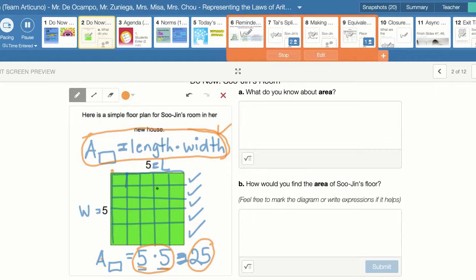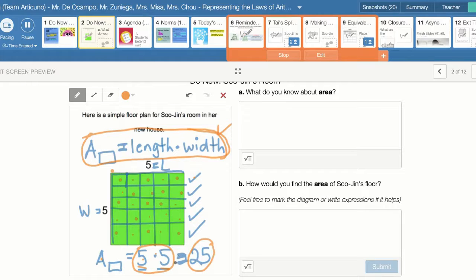Now, do you see 5 groups of 5 in this drawing? We'll take a look at this part right here. This right here is one group of 5. This right here is a second group of 5. This is a third group of 5, a fourth group of 5, a fifth group of 5. 5 groups of 5.